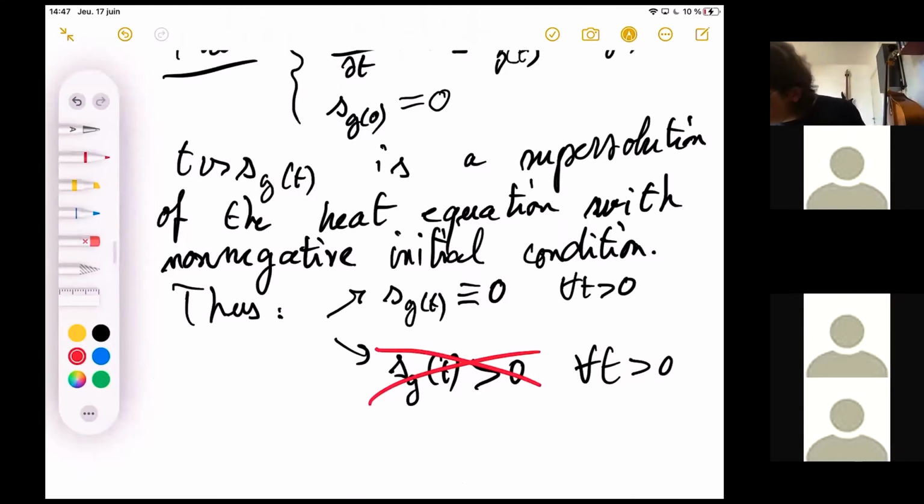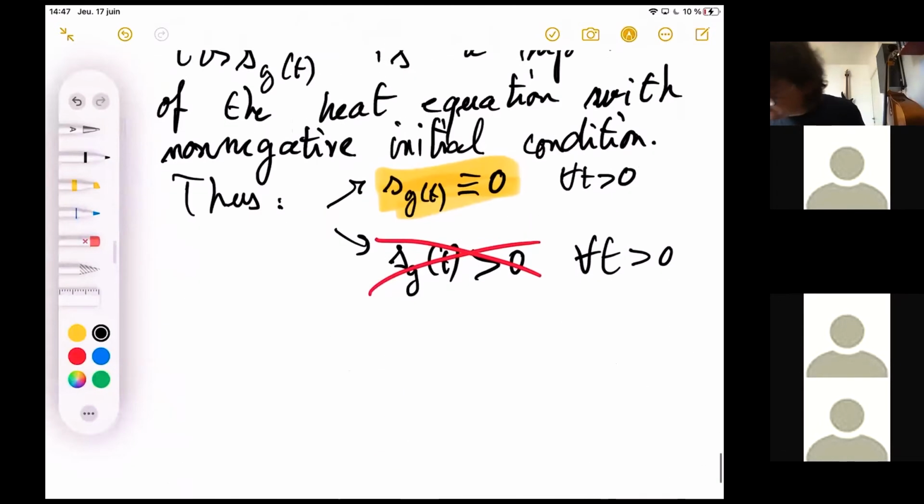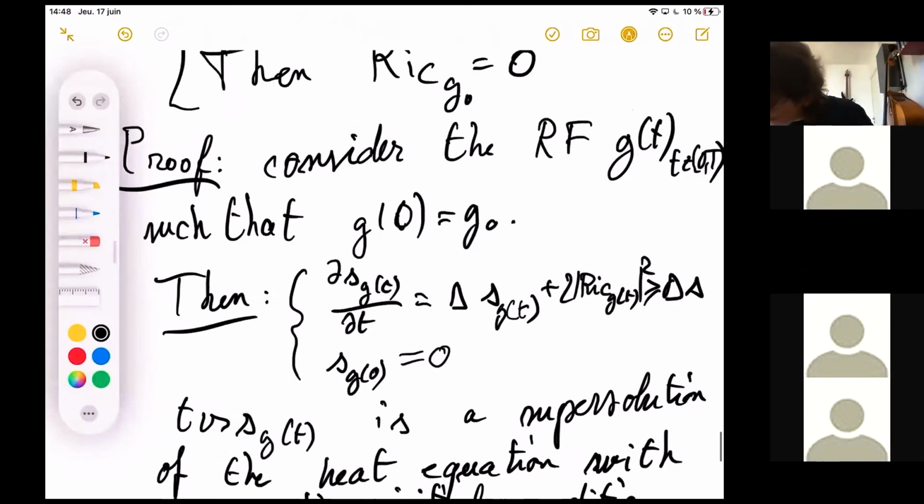So the scalar curvature of g of t is identically 0. Now I plug that inside the evolution equation for the scalar curvature.